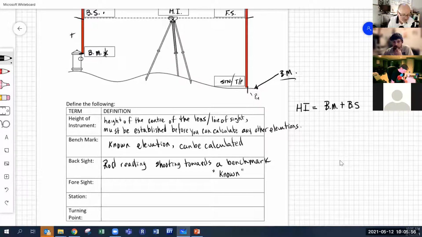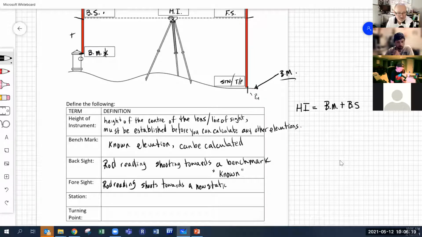The foresight is another rod reading. And this shoots towards a new station, sometimes called a turning point, or other unknown elevation.